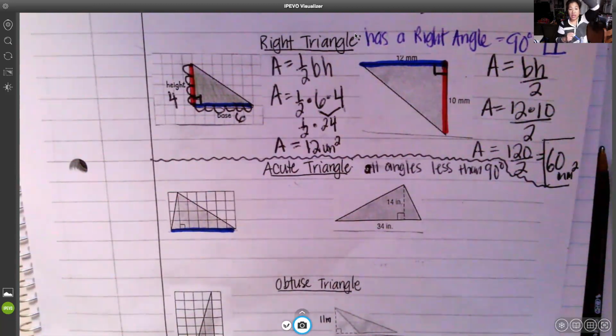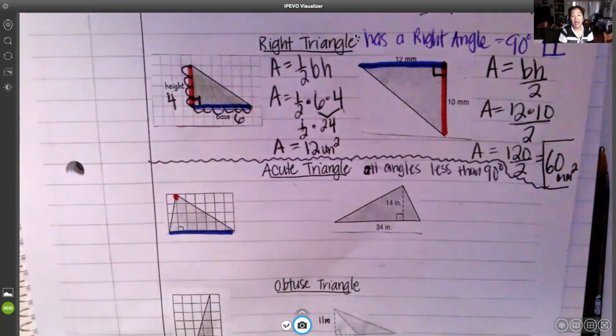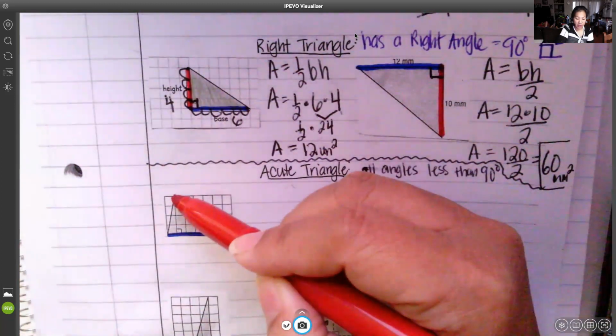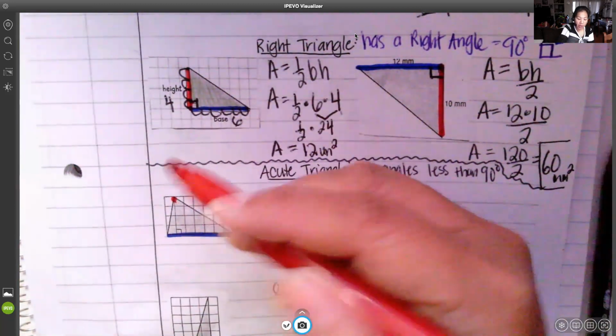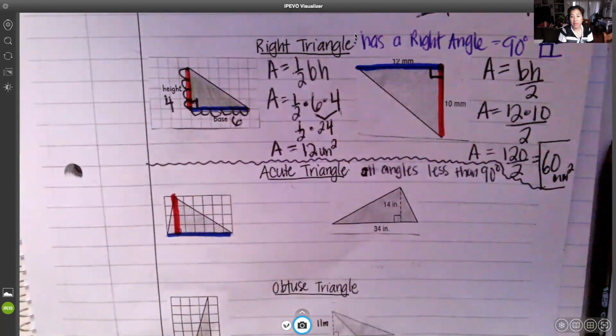From the tallest angle, like the top of its head, the tallest angle, to the bottom, the base. So if you see here, this here is our tallest angle right there. So the height has to be dropped down from that tallest angle. It's the distance, remember, from the top of the triangle, the highest angle, to the bottom, the base.